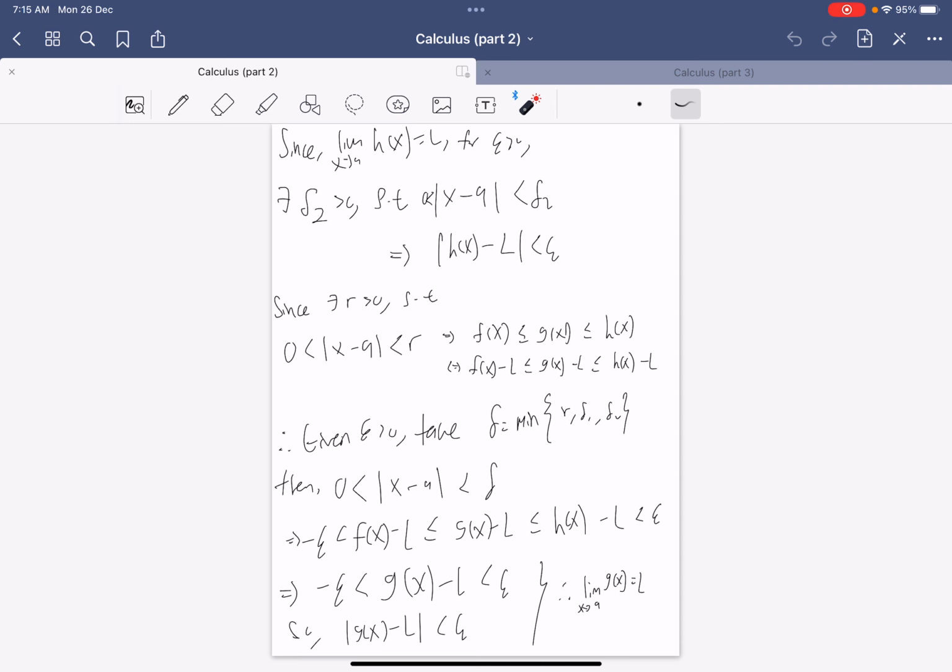And we see that g(x) minus L is now sandwiched, less than epsilon and greater than minus epsilon. And so the modulus of g(x) minus L is less than epsilon. This proves that the limit of g(x) as x approaches a is L. And hence, you're done with the proof of the Squeeze Theorem. Online, you can also read it to be known as the Sandwich Theorem, but they're all the same property.